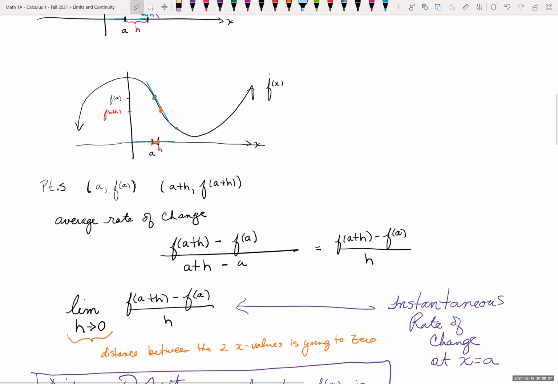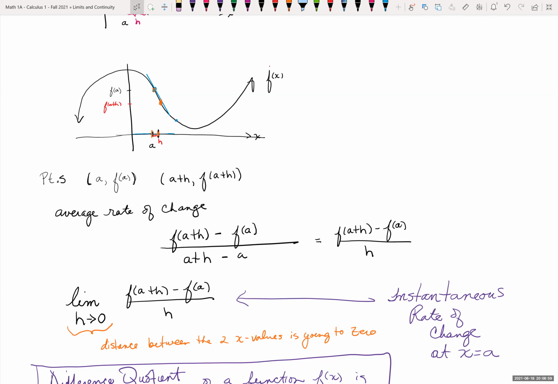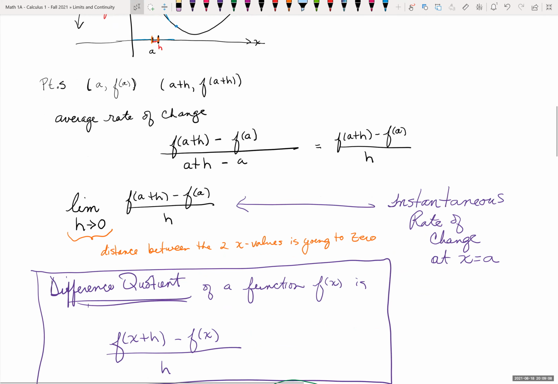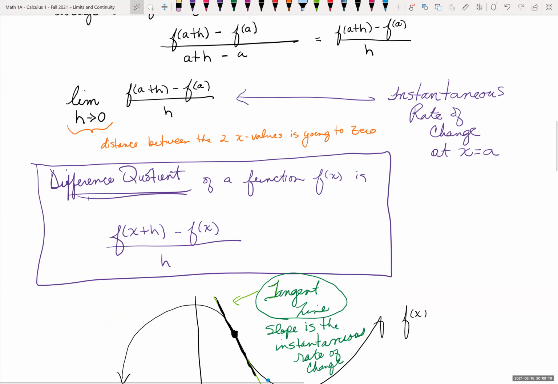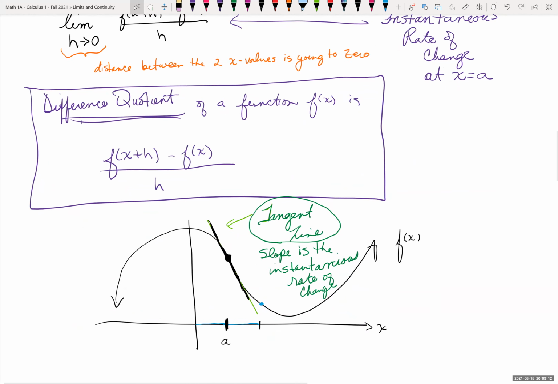And we called the slope at a particular point the instantaneous rate of change. It has many, many names, that slope at the point, and we'll talk about it more and more in the next few chapters.